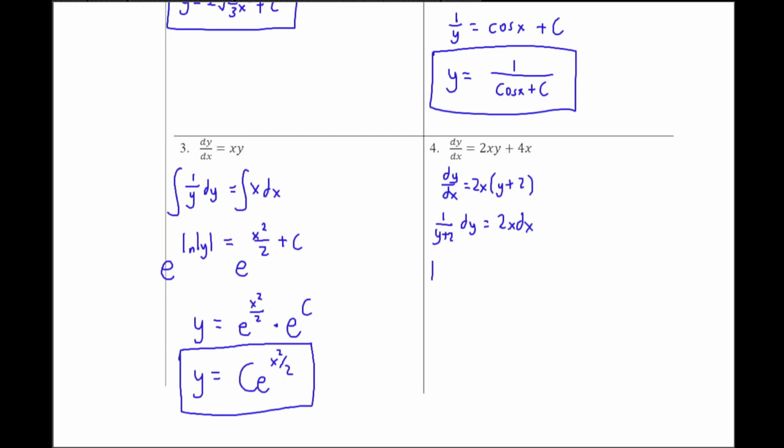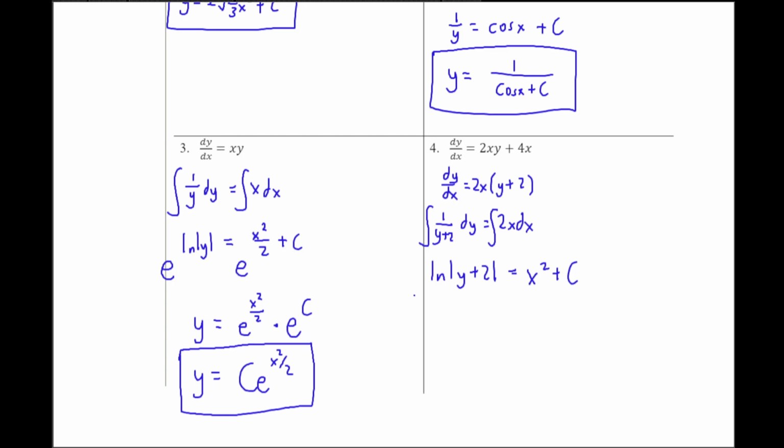On the left, that's just the ln of absolute value of y plus 2 equals, I forgot to write the integral sign here, the integral of 2x is just x squared plus c.